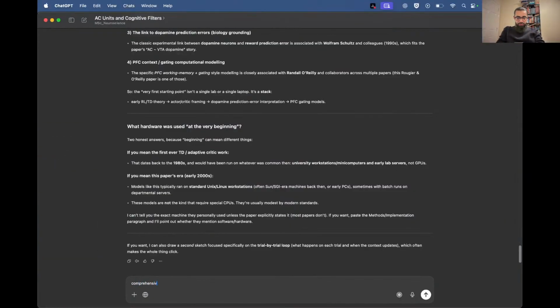Complete section. Also briefly state the citations.